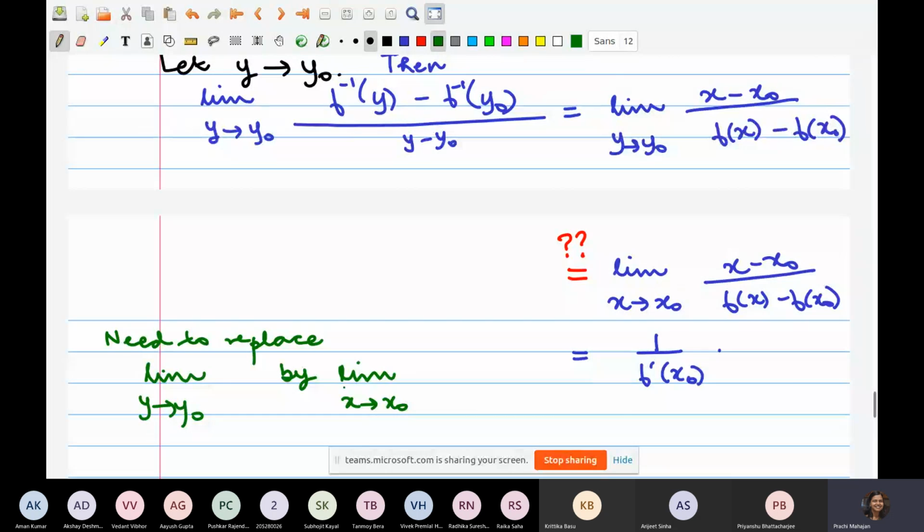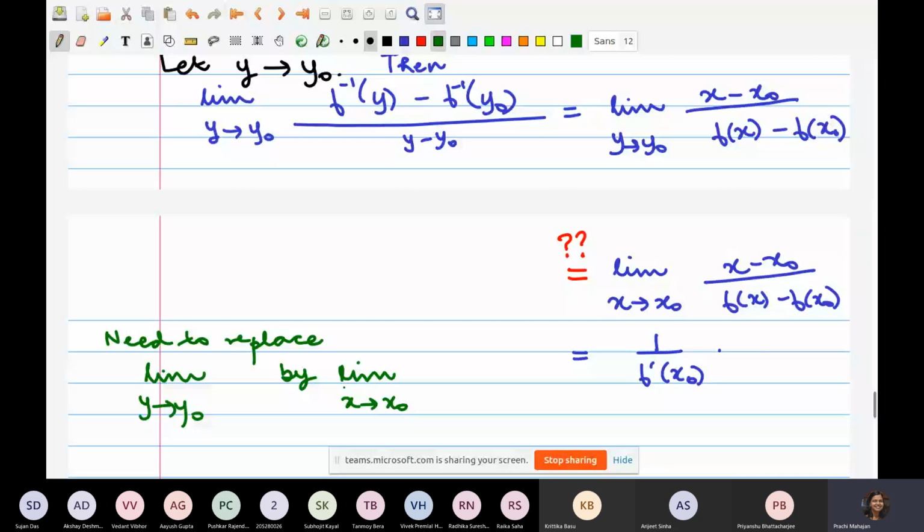So as f of x goes to f of x naught, does x go to x naught? Is this continuity of f? Ma'am, it should be the other way around. It should be the other way around.